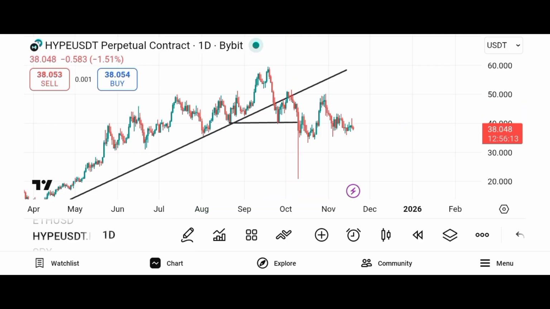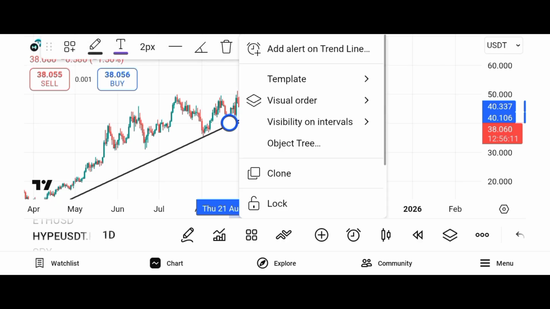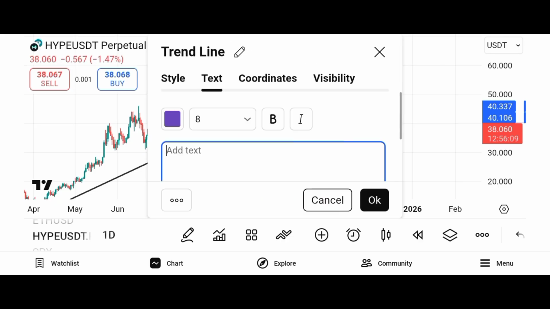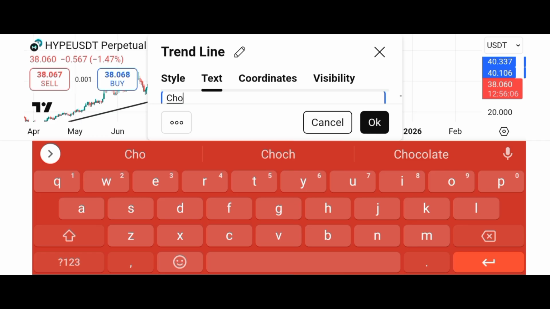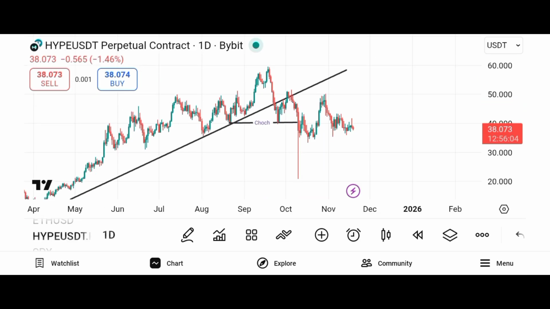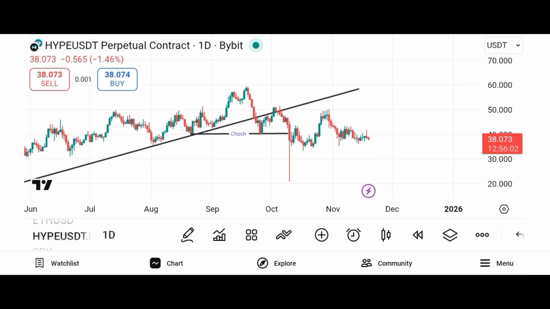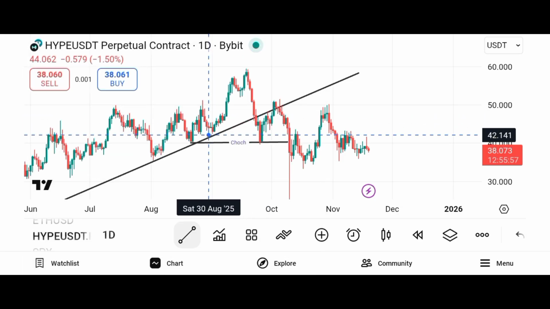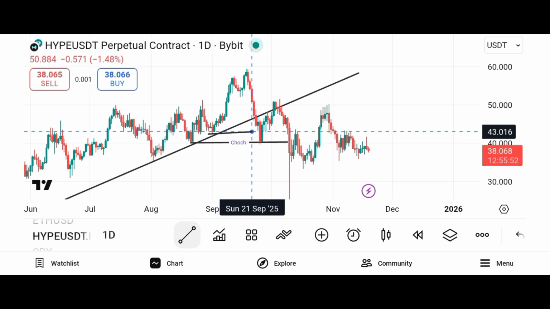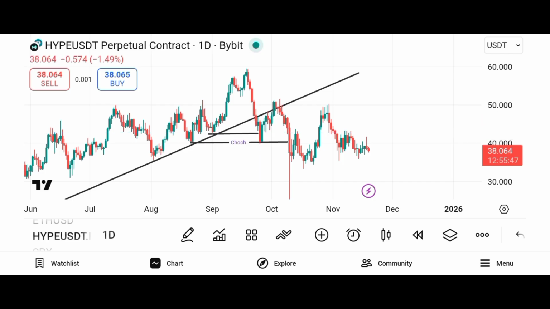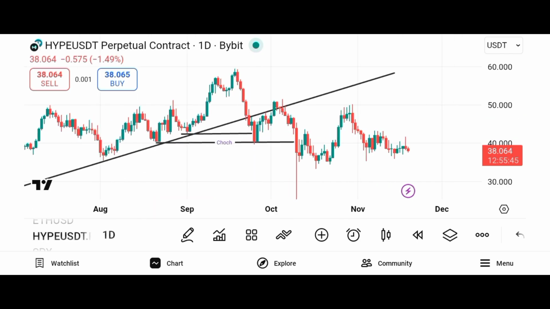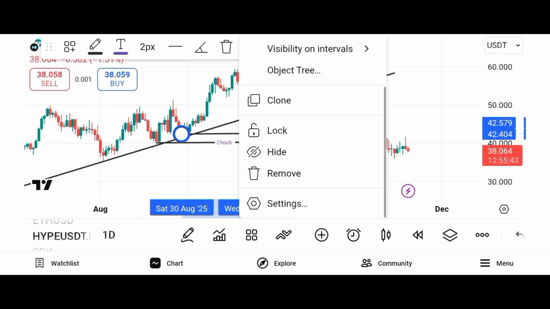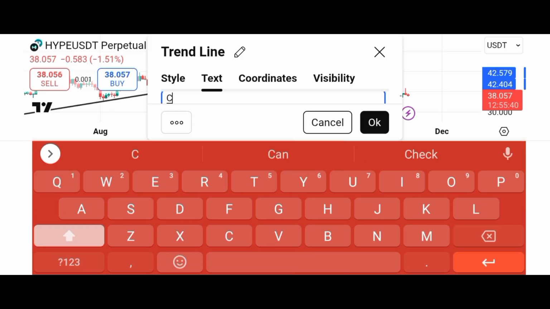You can use these points for the change of character, or this is also another amazing zone right here that the market broke that indicates a shift in the trend. That is another chalk.